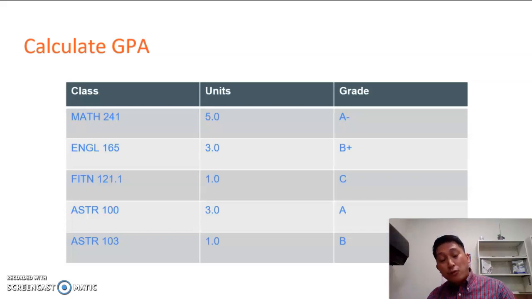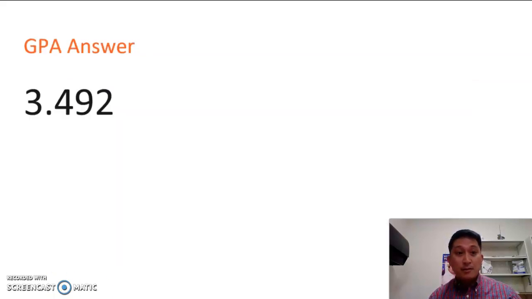So 45.4 grade points divided by 13 units, you should get a GPA of 3.49 or 3.492. Okay, so hopefully you're able to do that. We can talk about it in the discussion area if you have any trouble with the GPA calculation.